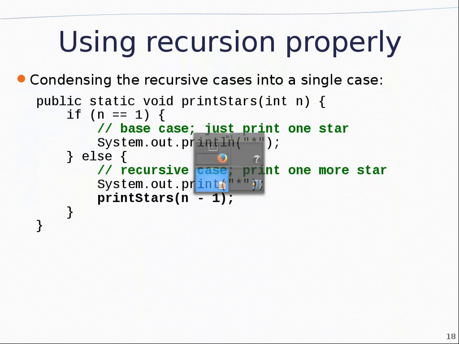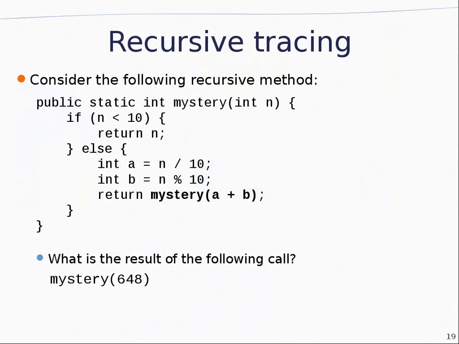There we are. And now we'll run it just to make sure the code still works. Perfect. Okay. What does this function do? Or what's the result of mystery of 648? Let's draw this out. If n is less than 10, we just return n.